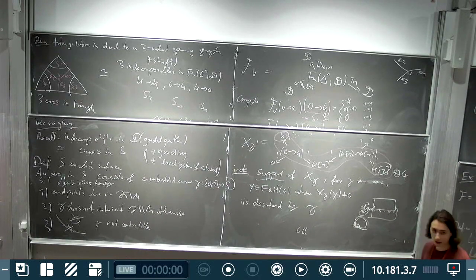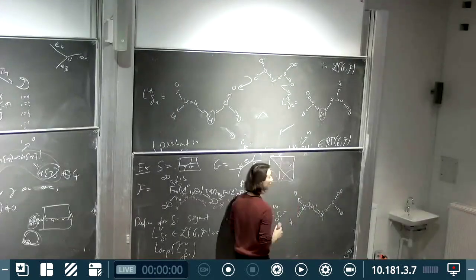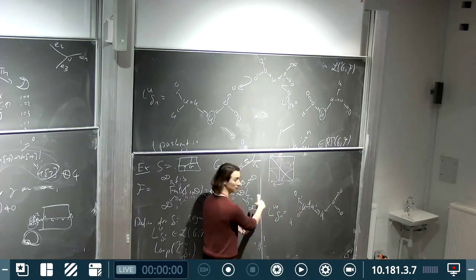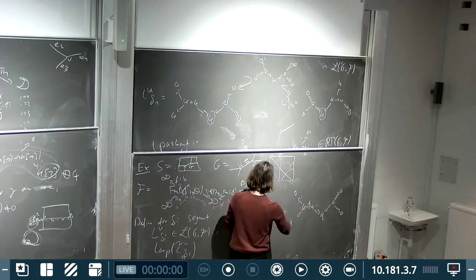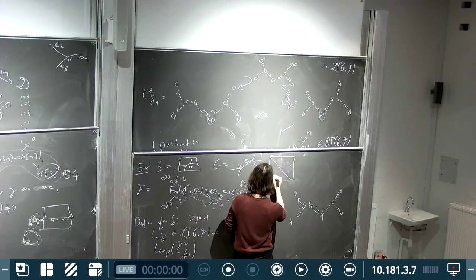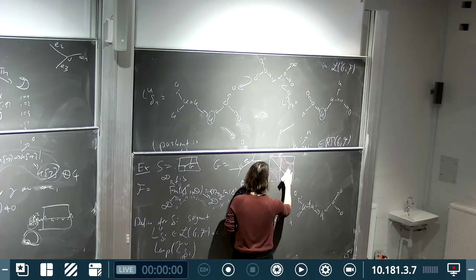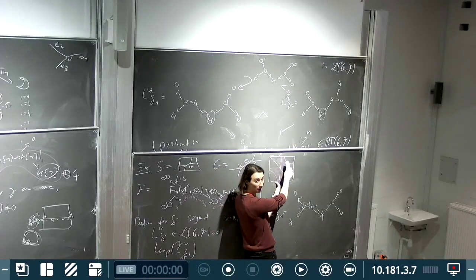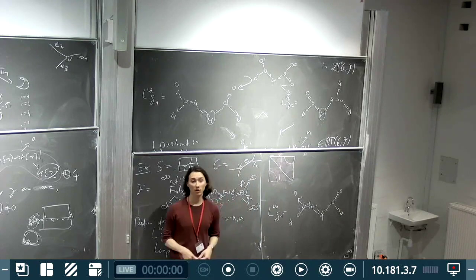If you have the A3 quiver, this corresponds to this. Morphisms are computed by boundary intersections. And then this is A3 without relation. If you want A3 with relation, you would take something like this. And then these intersections are on different boundary components. And this gives you a relation.